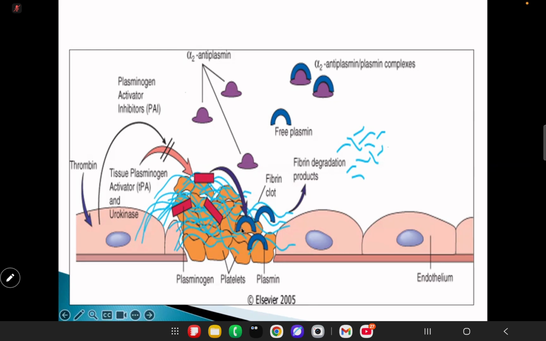This is the plasmin and it starts eating this clot. This conversion happens with the plasminogen by TPA from the endothelial cells. Okay, that's one thing. And these are fibrin particles after the destruction of this clot. That's why they are called fibrin degradation products.